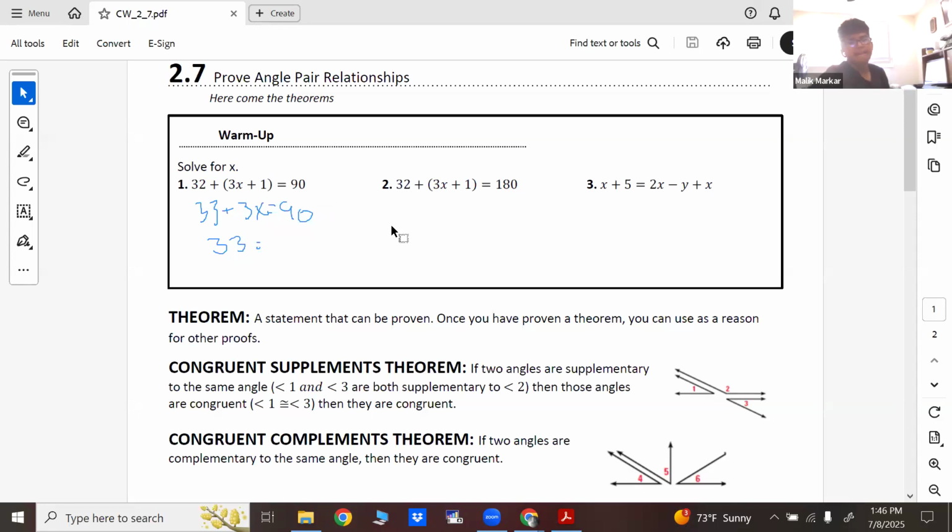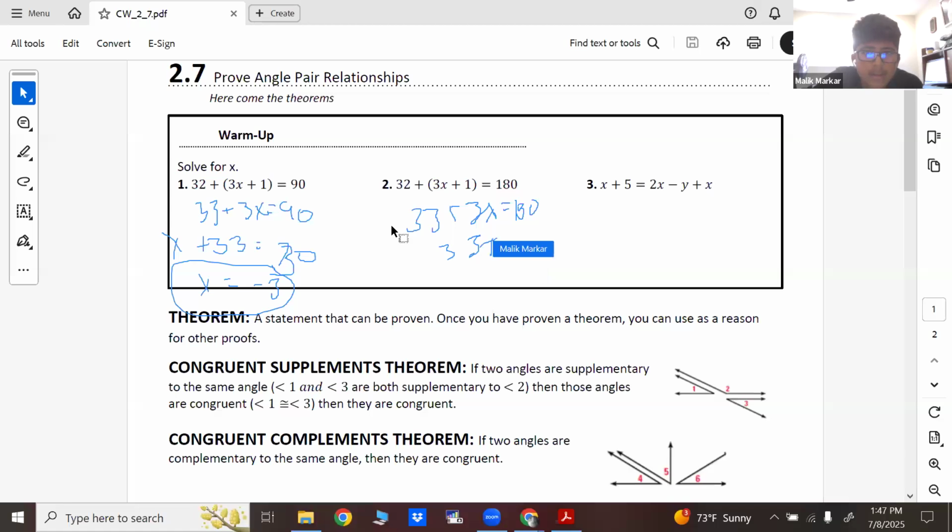Let's do it another time. Okay. 16. Equal is 12.